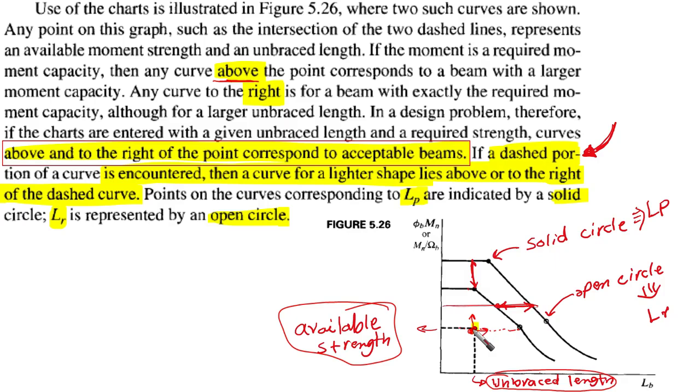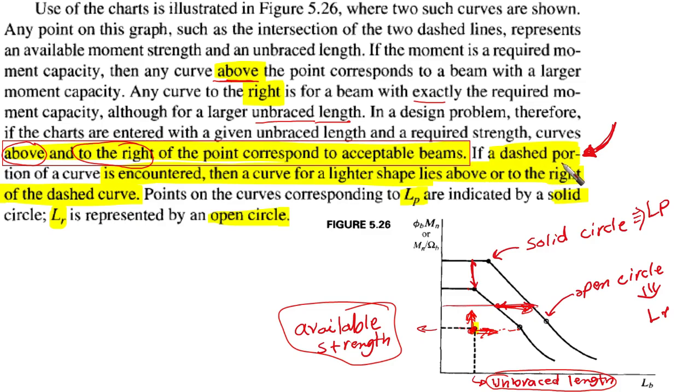So as I said, you're going to go up. And any curve to the right is for a beam with exactly the required moment capacity, although for a larger unbraced length. In a design problem, therefore, if the charts are entered with a given unbraced length and a required strength, curves above, take care of this, above and to the right of the point correspond to acceptable beams. So you need to look to the right and up always.